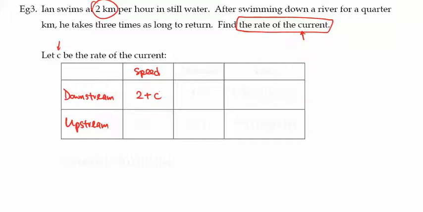And as he has to swim against the current, his swimming speed will be slower based on the speed of the current.